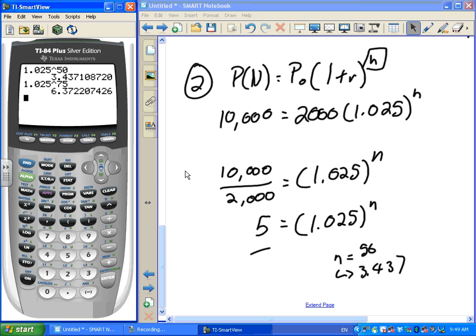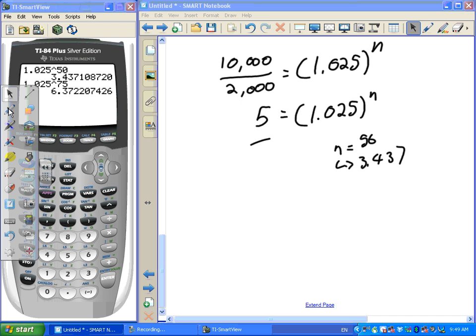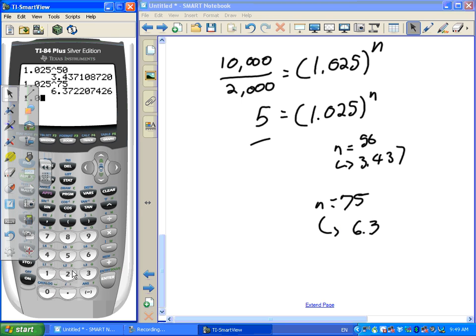Ooh, 75 is too high. All right, okay, we're going to go to 65. It's in between-ish. 1.025 to the 65. Ooh, 4.97. That's very close.